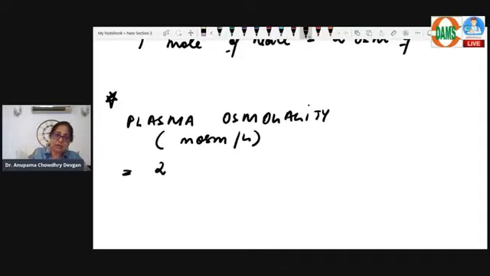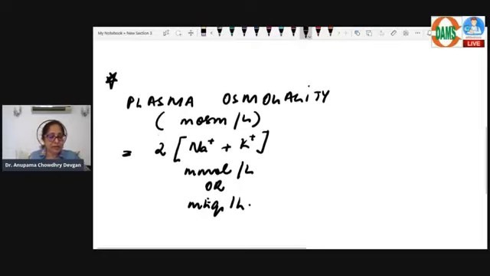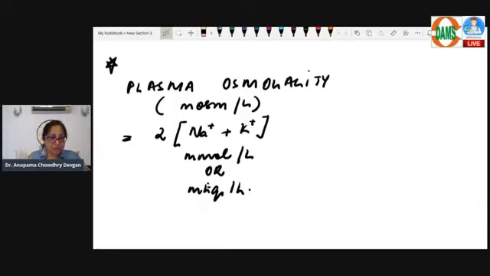This is 2 into sodium plus potassium. Sodium and potassium may be in millimoles per liter or in milliequivalents per liter. Please add this to your notes.